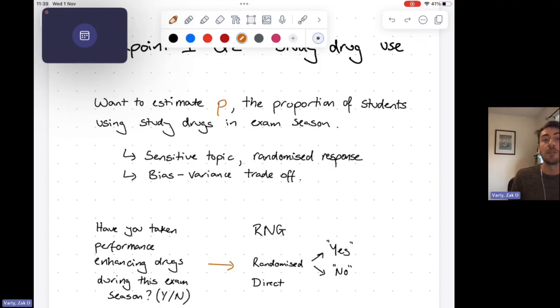But that also comes at the cost of increasing the variance of our estimate of P. We're adding more noise to our data, so we're not going to be as able to precisely estimate this population quantity P from our sample for the same number of samples.